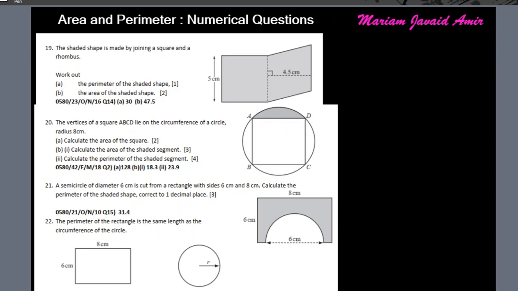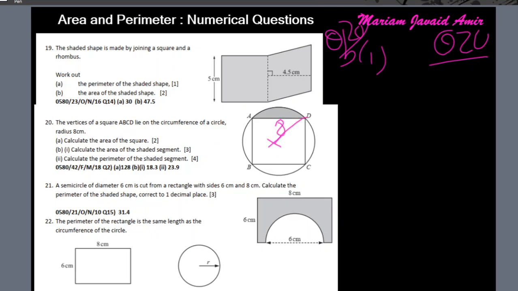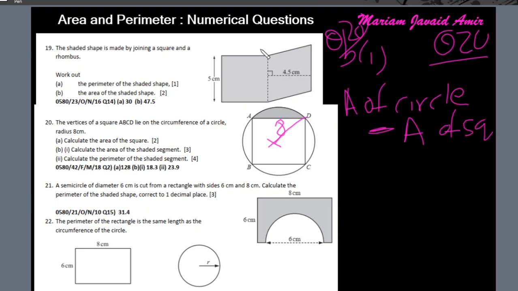Part B1 of question 20. Question 20, part B1 is: calculate the area of the shaded segment. So now since this is 8, I can write area of circle minus area of square, and that would give me the area of these remaining regions, these 4 segments.